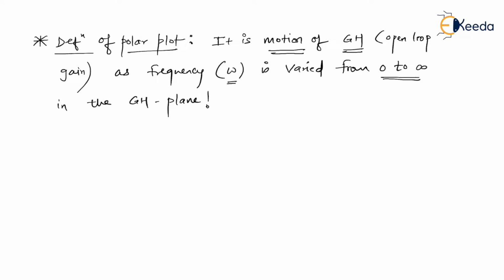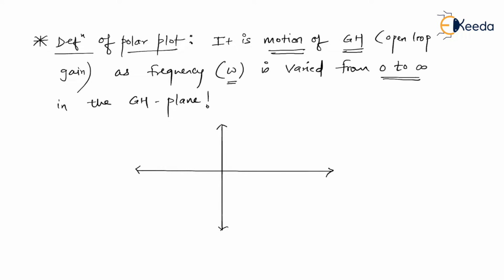Now, let me be very clear. I'm not going to talk about the S plane. I'm going to talk about the GH plane over here. Please pay attention. It looks the same as the S plane. That is nothing but a 4-quadrant system. Look at this. As I said, it is a 4-quadrant system.